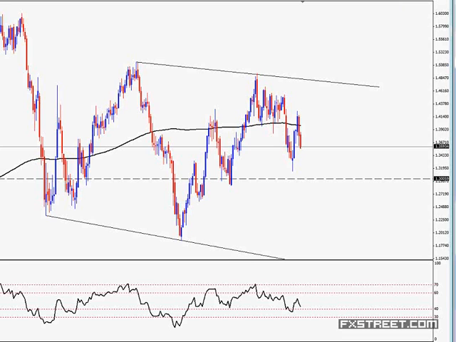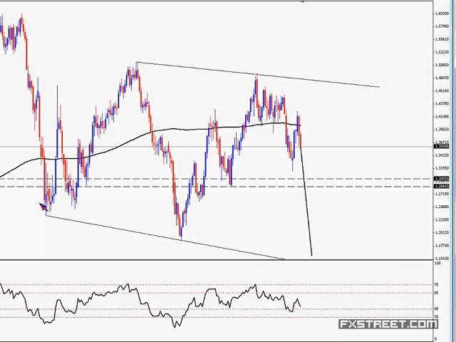Now that idea definitely will be invalid if the market breaks below this low. If that's the scenario, we could be continuing in this. This might be A, and then we could be in a complex B, and then another C.